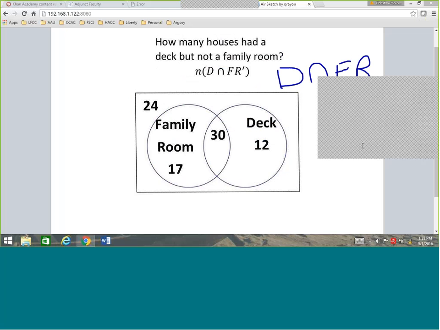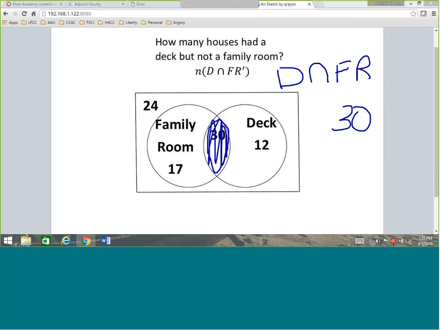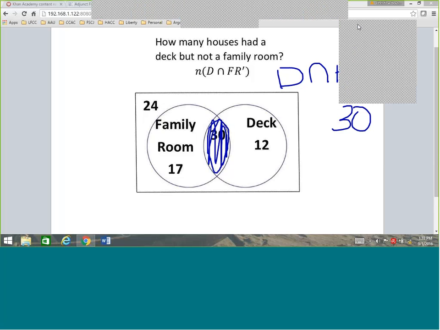And so that would be the overlap of the deck and the family room, which would be this piece right here. The only houses that would be included with that would be deck and family room, which is those 30 houses that have both. So if the apostrophe is missing, and you have the "and," you're looking for the overlap of the two. That's a great question. Let me see if there's any other questions.